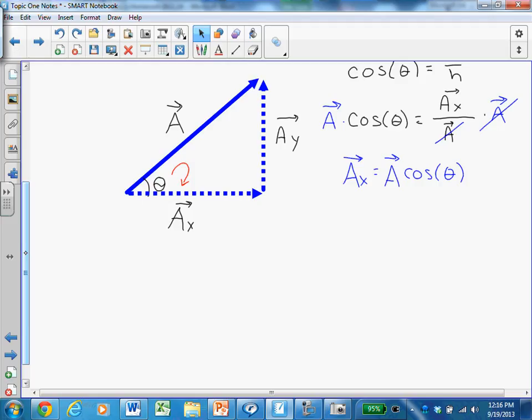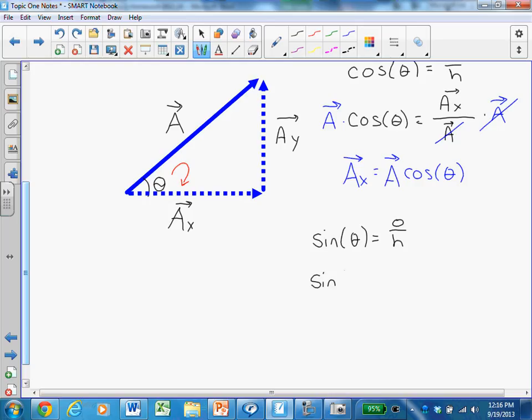Now let's go to sine. Sine theta is equal to what? Opposite over hypotenuse. Sine theta, what's our opposite? AY. And what's our hypotenuse?